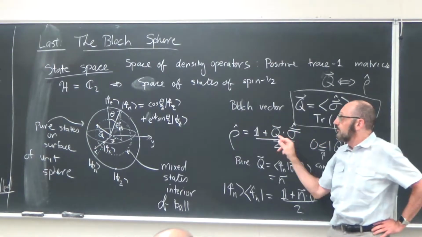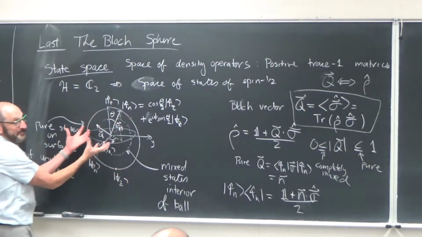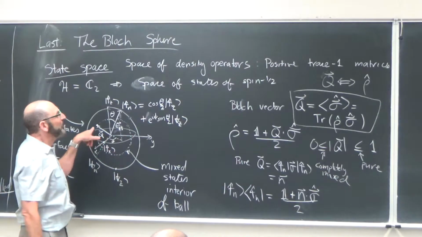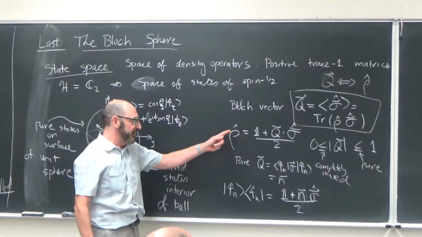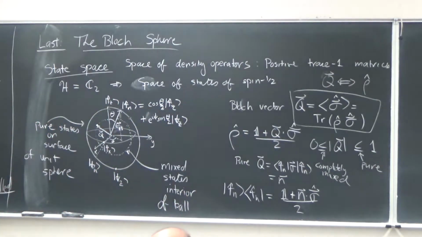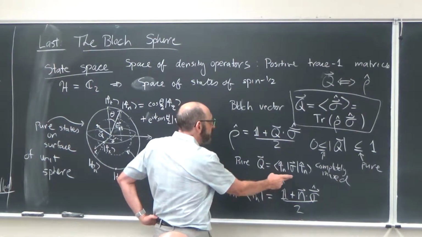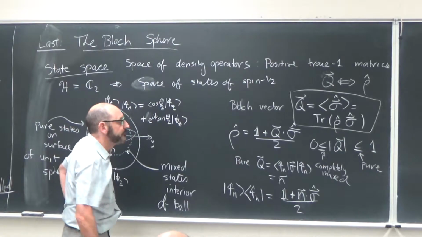So every vector in this three-dimensional representation is in one-to-one correspondence with a quantum state, and vice versa. You give me a quantum state for the spin 1/2, and there is a Bloch vector associated with it. And the Bloch vectors associated with the pure states are unit vectors on the surface of the sphere.